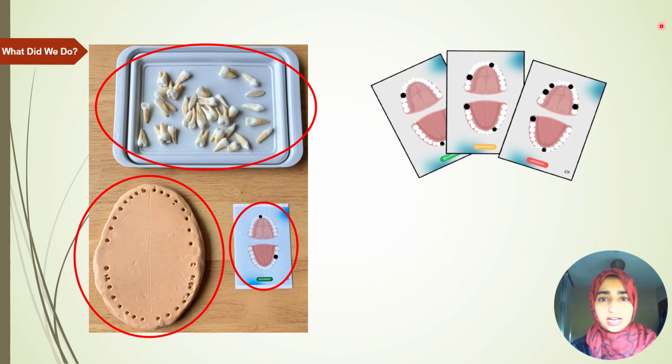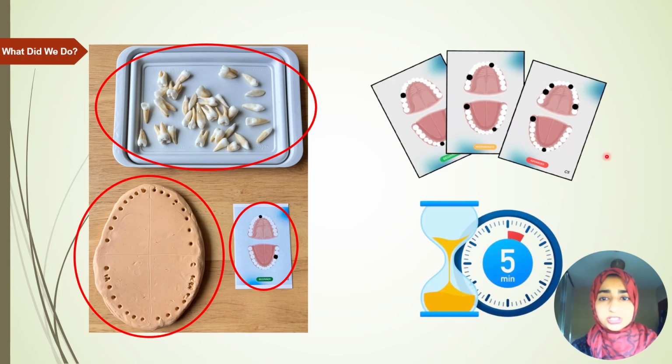The students were then asked to select a difficulty level, and the stopwatch was started as soon as they were given a randomly chosen card from the selected difficulty level. The challenge was to correctly identify and position the teeth indicated in the correct orientation within the dental arch base.